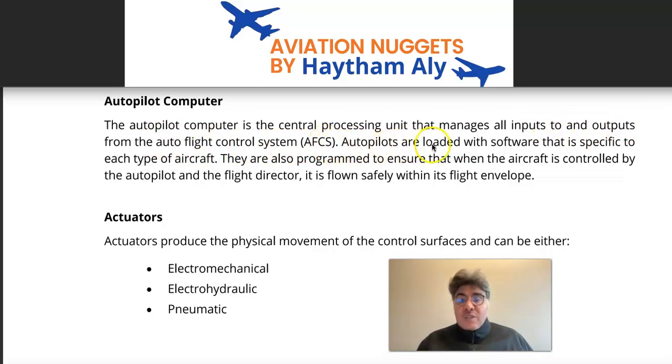The autopilot computers are loaded with software that is specific to each type of aircraft.